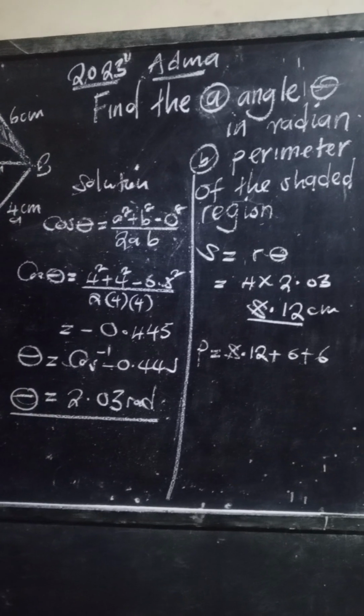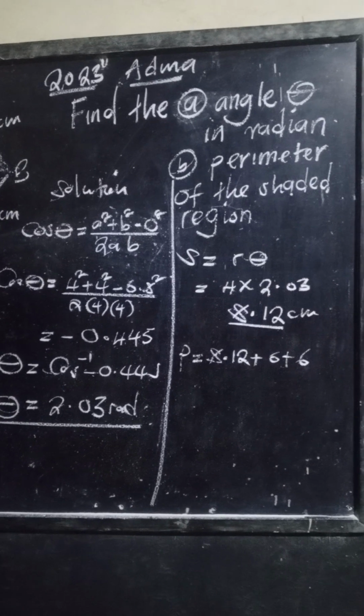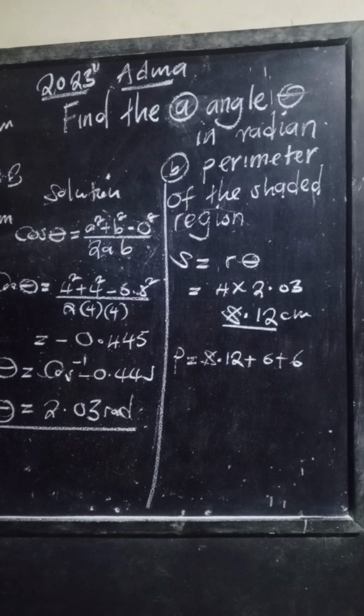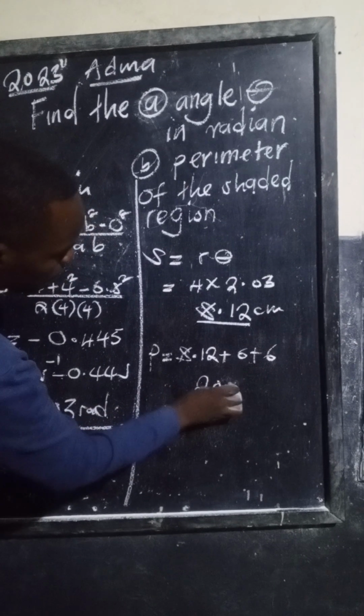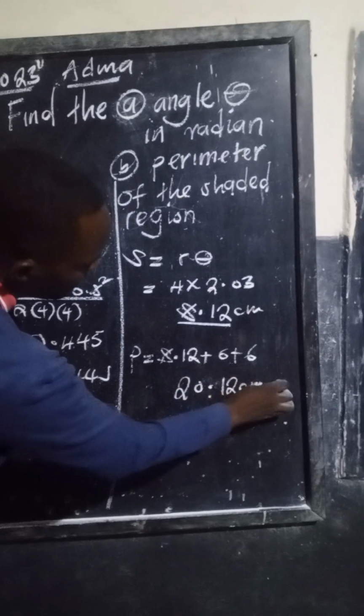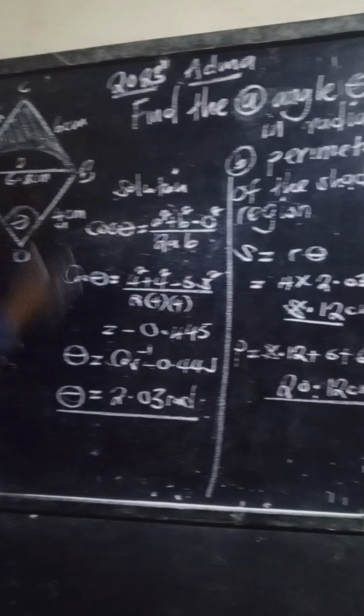So 8.12 plus 6 plus 6, you end up with 20.12 centimeters. So that is the perimeter of the shaded region.